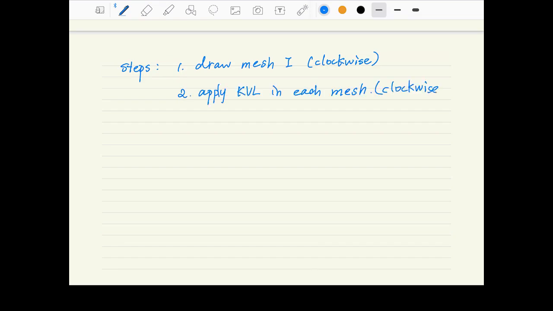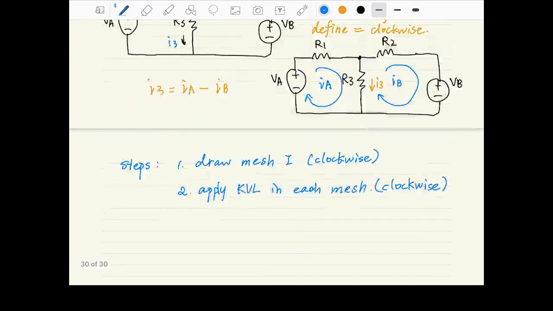And a branch current equals the algebraic sum of mesh currents. For convenience and consistency, we define them clockwise. And let's see, what should I3 be? I3 equals IA minus IB, right?